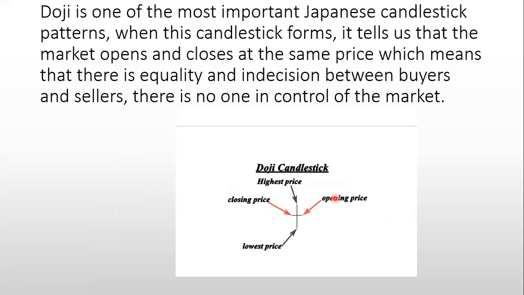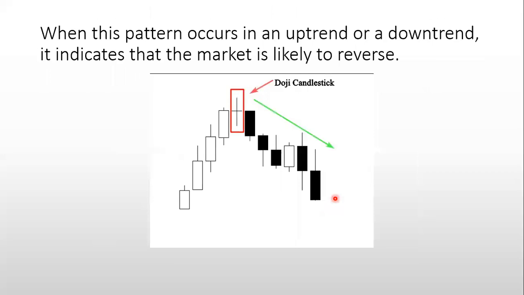Assuming we have a bearish direction, and the doji candlestick sets in, it could reverse the whole pattern towards the bullish direction. A similar scenario here: when this pattern occurs, as I said earlier, it could indicate that the market is likely to reverse.